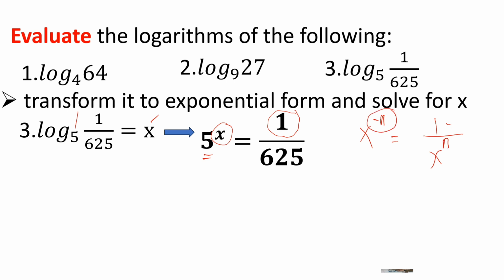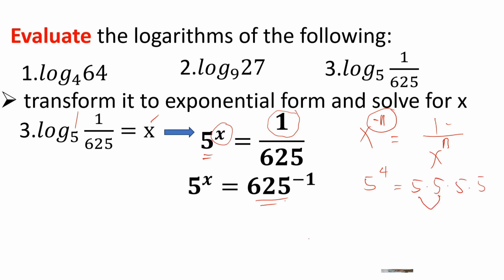Therefore, we can express 1 over 625 as 625 to the negative 1. And 625 can be expressed as 5 to the 4, because 5 times 5 is 25, 25 times 5 is 125, and 125 times 5 is 625.